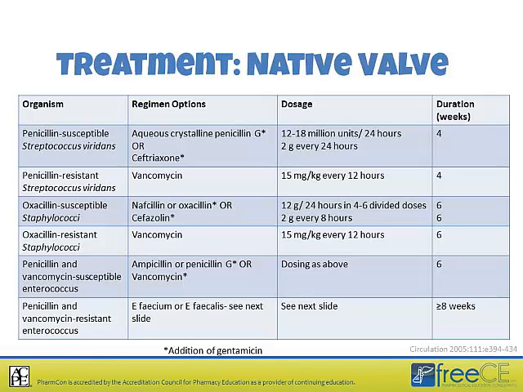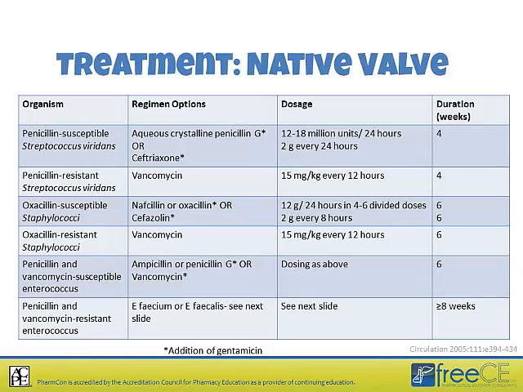And the reason for the 2 rows is the first of the 2 for each organism is giving you the treatment options for penicillin susceptible organisms or oxacillin susceptible. And then the second row is giving you the option for your resistant organism. So I thought that this was sort of a nice way to organize it with your organism, your treatment options, your dosage, and your duration in weeks for native valve, and then you'll see a similar chart for your prosthetic valves. I thought that this just sort of simplified everything.